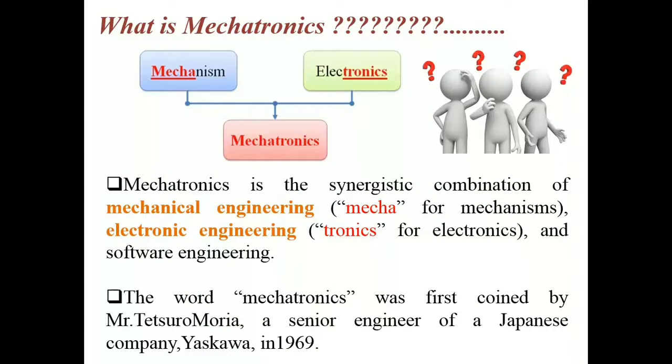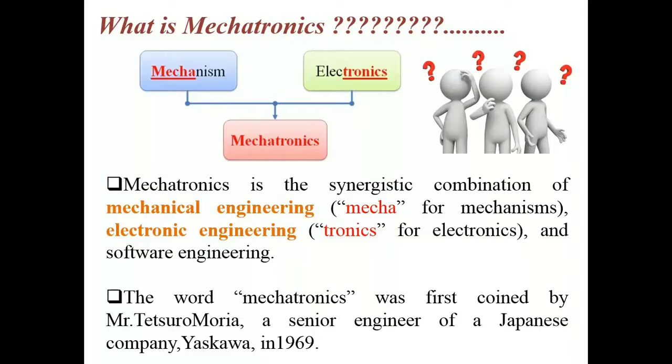So what is mechatronics? Simply, mechatronics is a combination of mechanical engineering, electronic engineering and computer engineering. The word comes from mecha for mechanics or mechanism, and tronics for electronics.